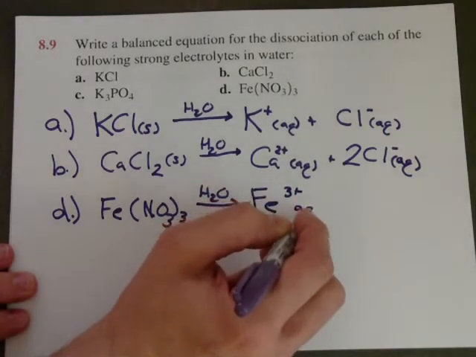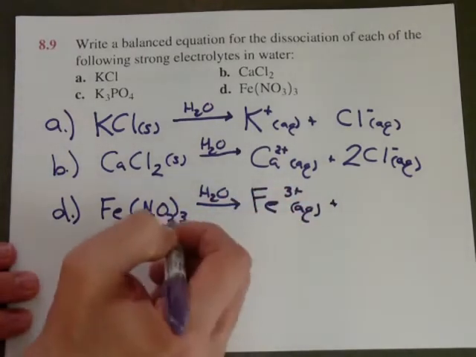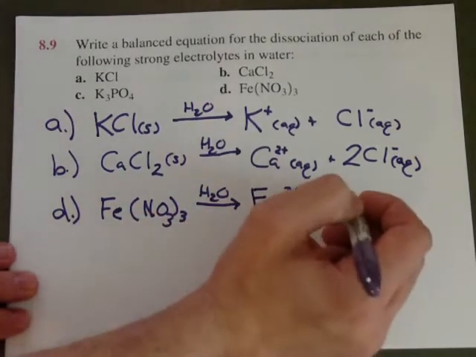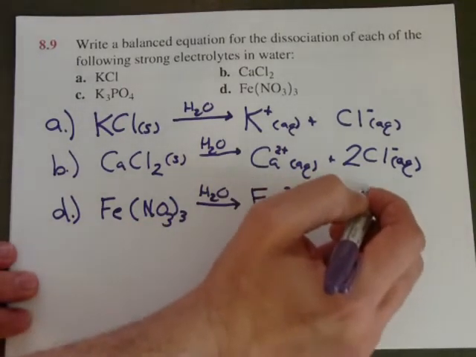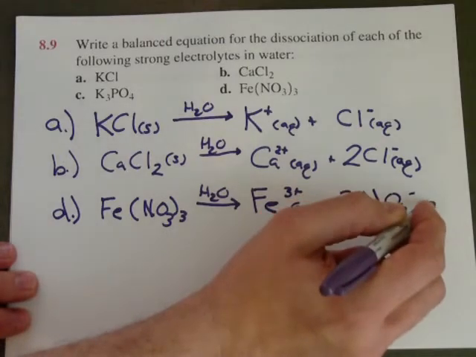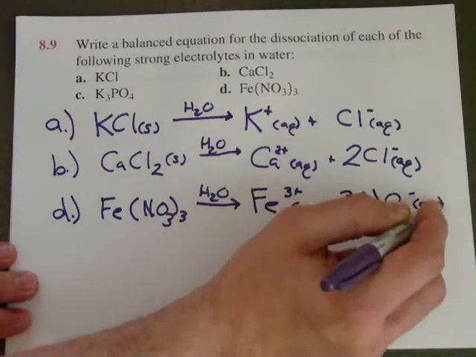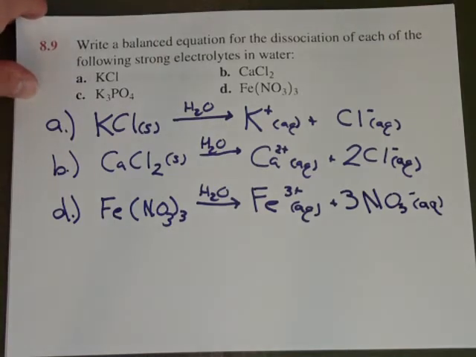So iron would be a positive 3. And then we have that 3 outside the parentheses becomes the coefficient, and NO3 minus, and that is in the aqueous phase. All right, and so those are how you show the dissociation of these compounds, these strong electrolytes.